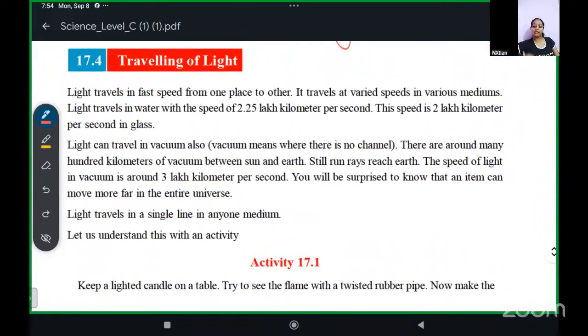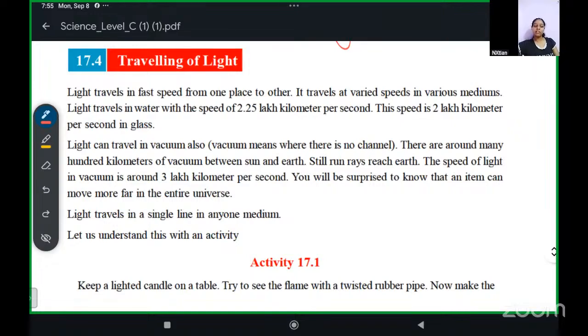Now, traveling of light. Light travels at a fast speed from one place to another. It travels at varied speeds in various mediums.